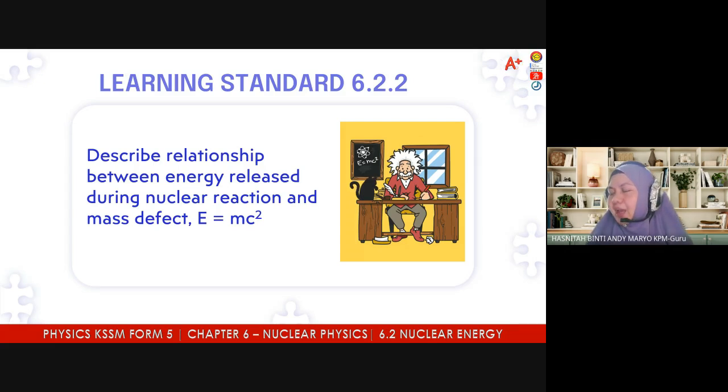And B, we have deuterium fused with tritium, so it produces a heavier helium nucleus, and the process releases one neutron and energy. So B is fusion. A is fission, B is fusion.